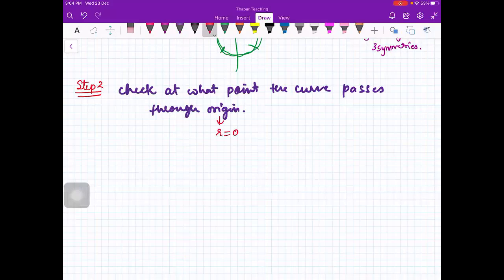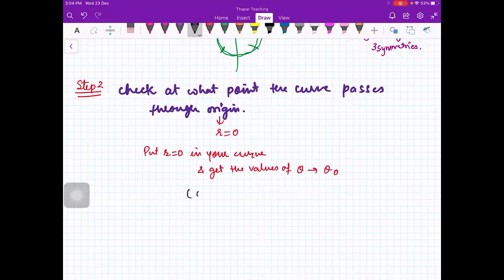So put r equal to 0 in your curve and get the values of theta. Suppose you get that at theta naught, the curve is passing through origin. So you get (0, theta naught) as the coordinate at which the curve passes through origin.